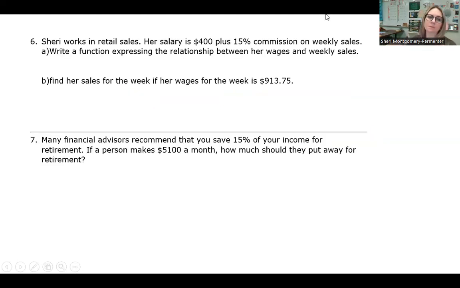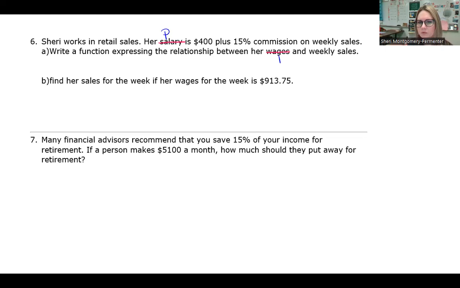On to the back. Sherry works in retail sales. Her salary is $400 plus 15% commission on weekly sales. Write a function expressing the relationship between her wages and her weekly sales. We talked about this when we did our worksheet: what is another word for salary or wages? It's just your pay, just what you're getting paid.